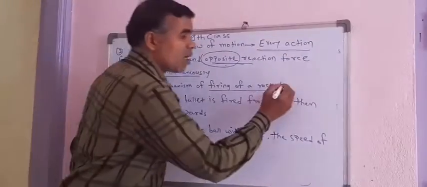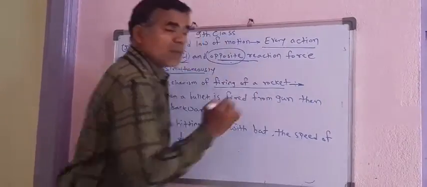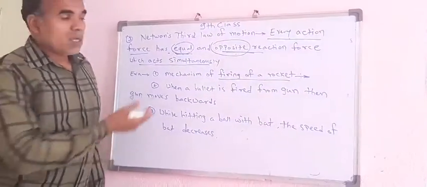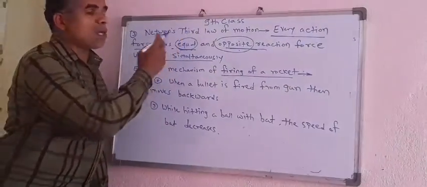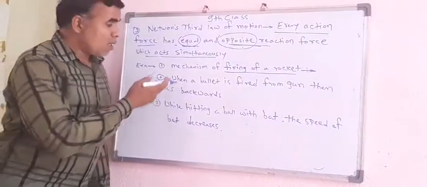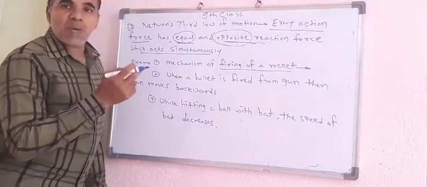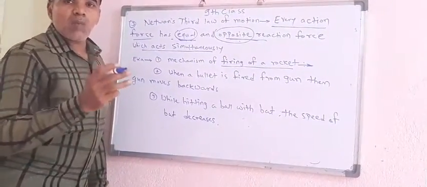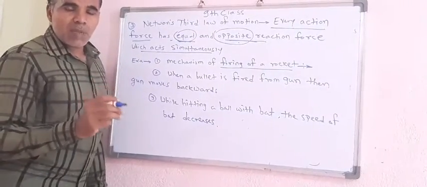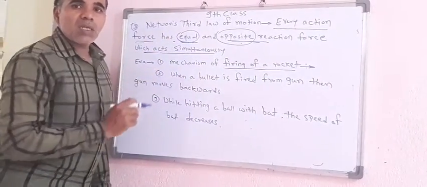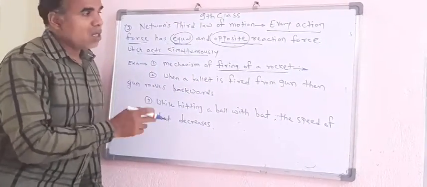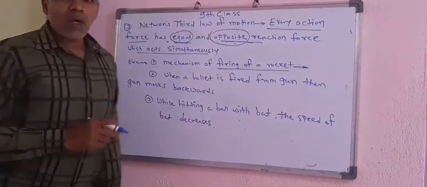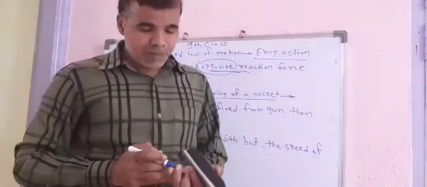In the Diwali festival, we ignite some crackers. The mechanism of this rocket launch works with the help of Newton's third law of motion. Number two, when a bullet is fired from a gun, the gun moves backward. It is based on Newton's third law of motion. Action and reaction are simultaneous. So these are some examples of Newton's third law of motion.